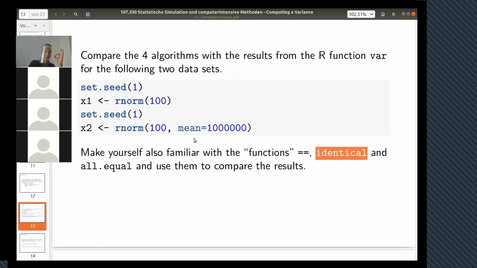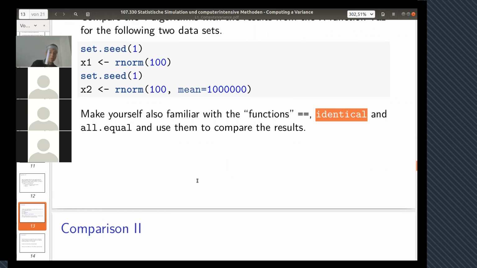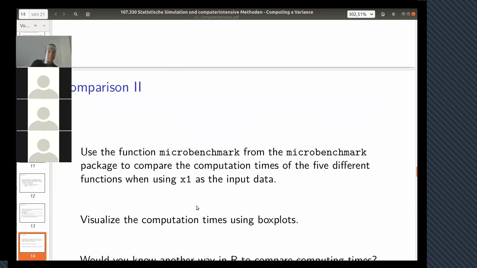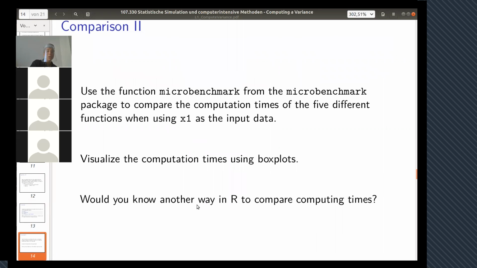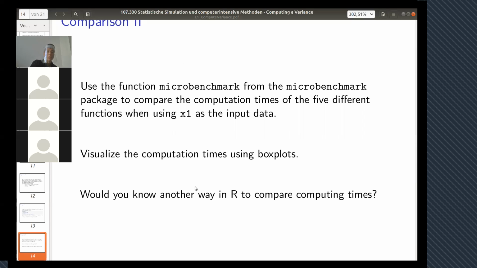Okay, so take a look at those variance calculations, compare them against each other, and in the second step, when you run these different variance calculation algorithms, use micro benchmarking in order to get run times. This will run the thing for 100 times or however many times you want to do it. Do this with all the different variance calculation functions.